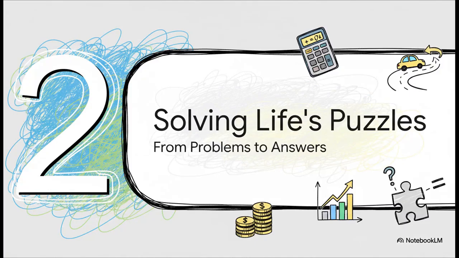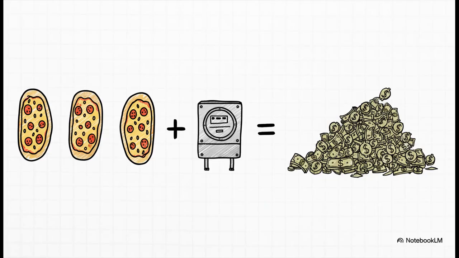All right, so we've got the vocabulary, our variables, we've got the grammar, the order of operations. So let's actually use this language. This is where algebra really starts to shine, taking a messy real-world situation and turning it into a neat, solvable puzzle. Okay, let's meet Stella. Stella runs this awesome little home business selling gourmet pizzas. Now she's got costs, right?